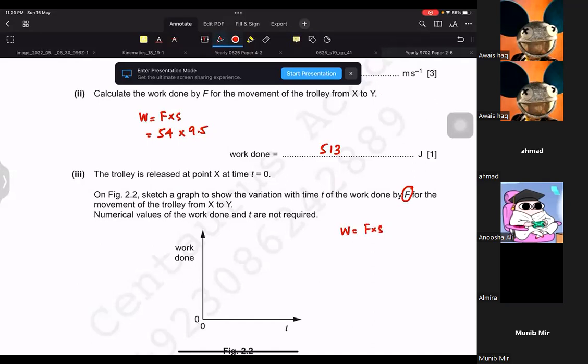But we don't have the displacement. How sad is that? Let me think about it. It's not fair to give it with time.